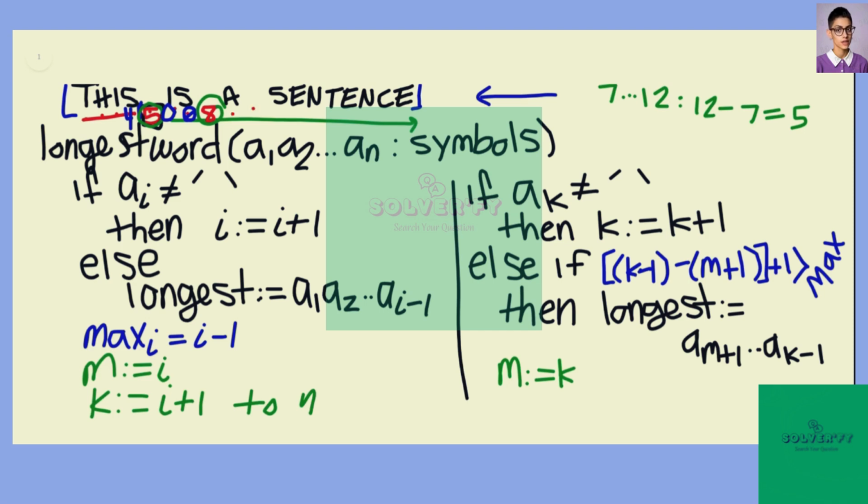It'll do the same thing where it checks to see if it's longer, and then we'll reinitialize m to this index 10 here, and then k will tick along all the way to the end here. And at the very end of it, we need to return our variable longest, which is the sequence of symbols that was the longest. Should be returning our longest word.